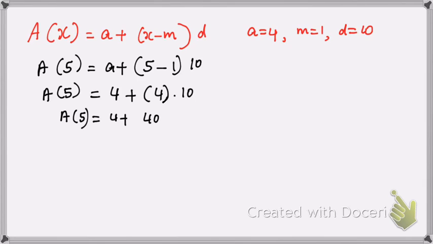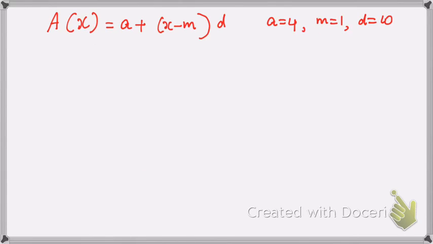So that would be a of 5 equals 4 plus 40, that's 44. So a of 5 is 44. So that's the fifth term. So the fifth term is 44. So now let's find the 10th term.